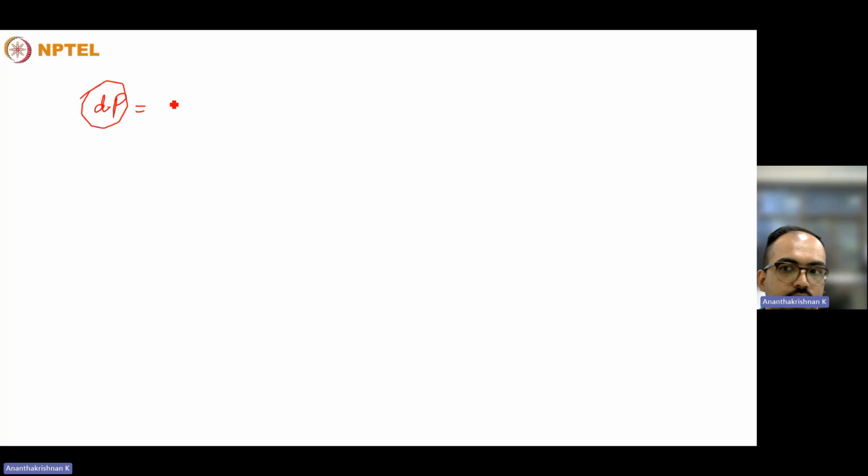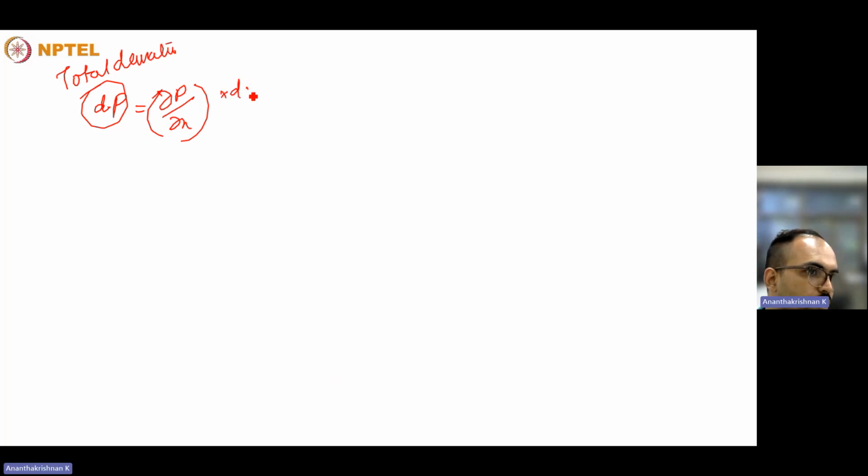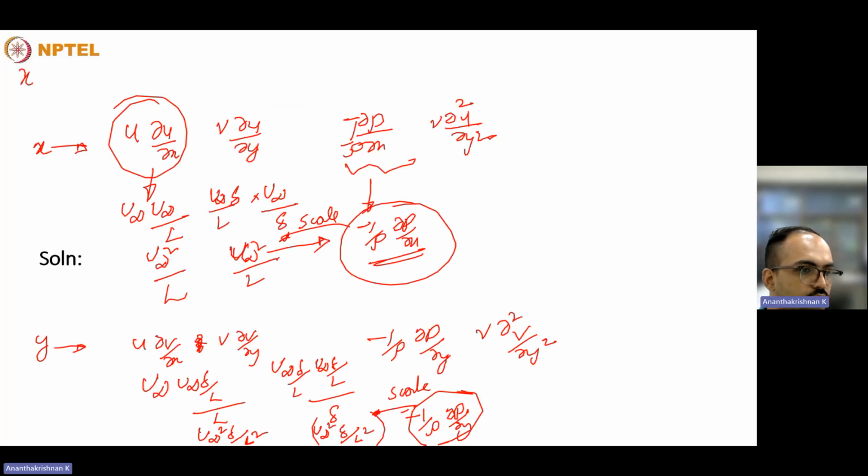So we take the total derivative. dP is equal to ∂p/∂x into dx, we assume only two directions in this case, plus ∂p/∂y into dy.